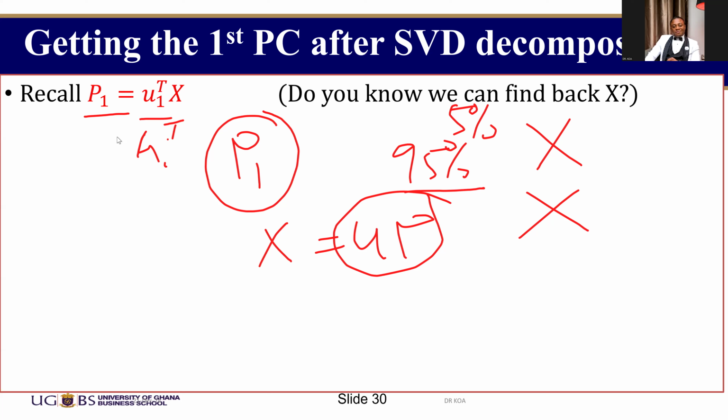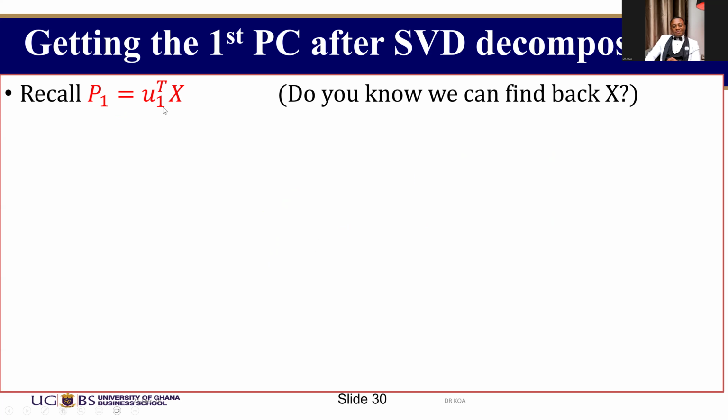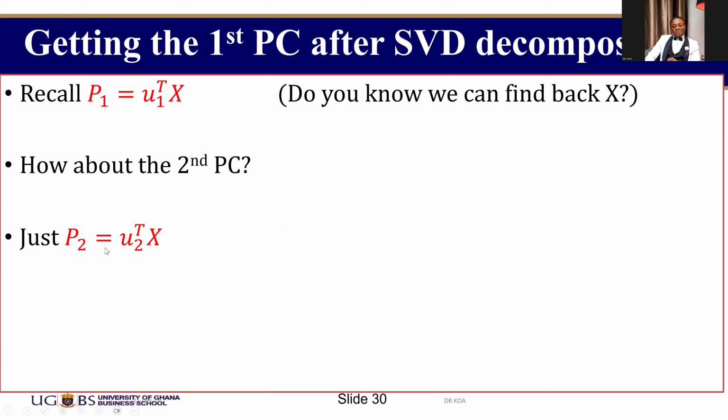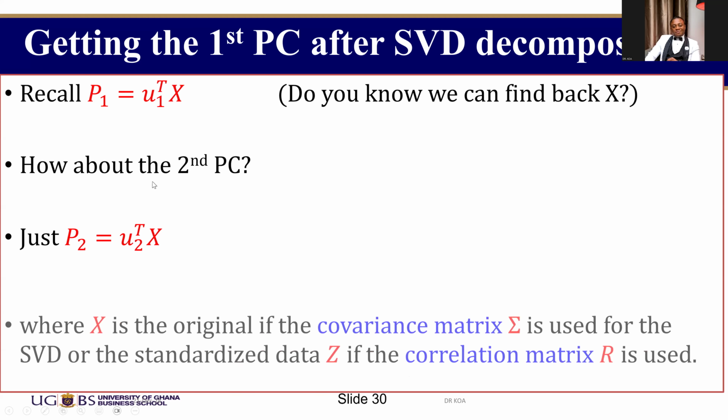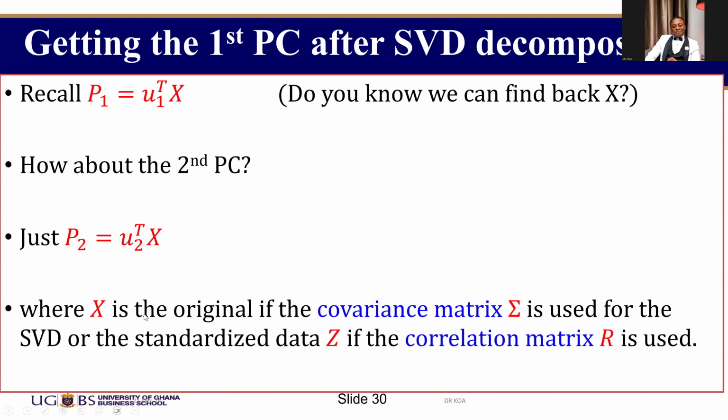So principal component 1 is a weight multiplying the original variables. Principal component 2 will be the same, the weight multiplied by the original variables. And when I say original variables, I'm talking about all of them. And then, of course, you can do principal component 3, component 4, all of that.